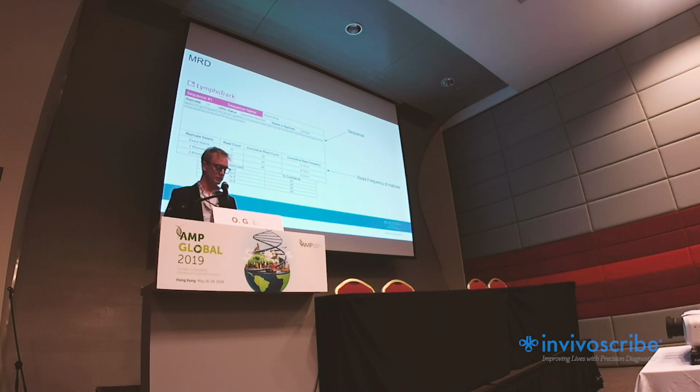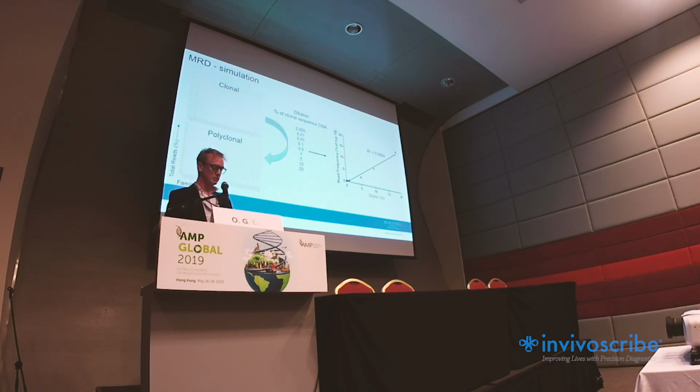And this is the output from that software. So the sequence that we looked for is shown here. The total number of reads, as you can see, was around 600,000. And then the output really gives you a level of MRD where it's identified the exact sequence or one or two mismatches in that sequence in the sample that you're interrogating.